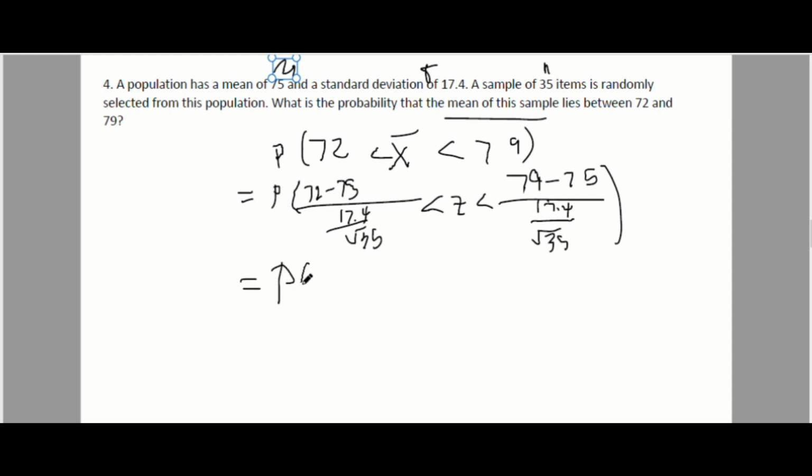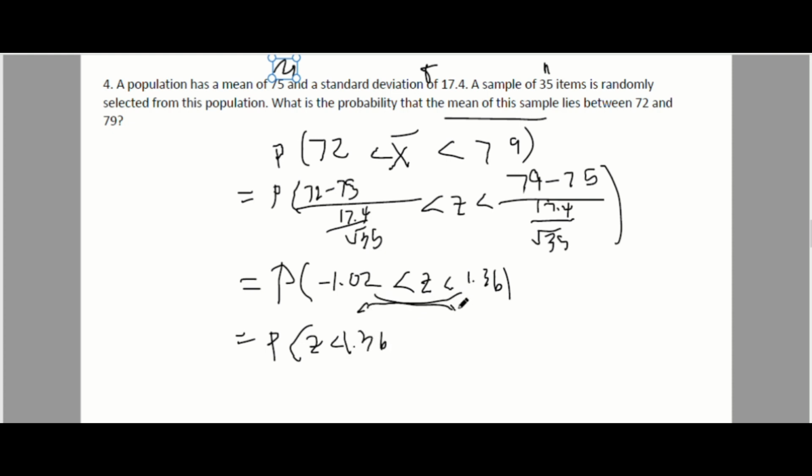So you will get negative 1.02 and the other side is 1.36. So this is between, so this will become P of z less than 1.36 minus P of z less than negative 1.02.